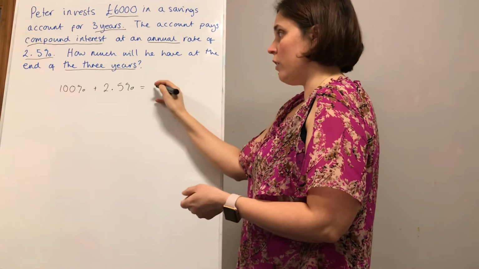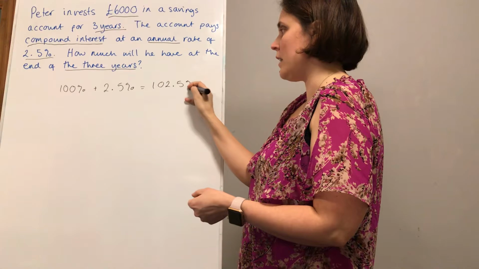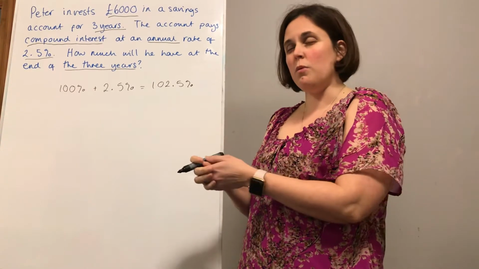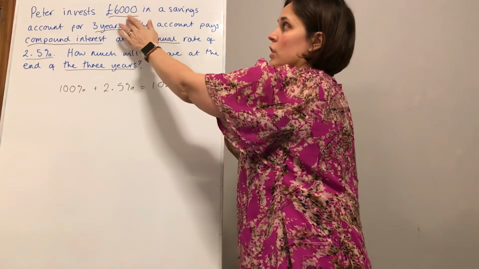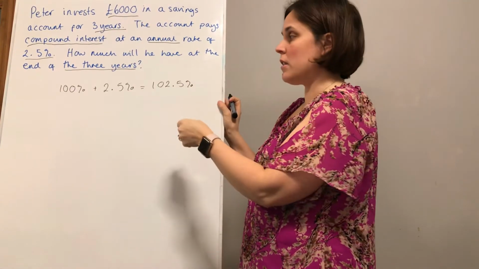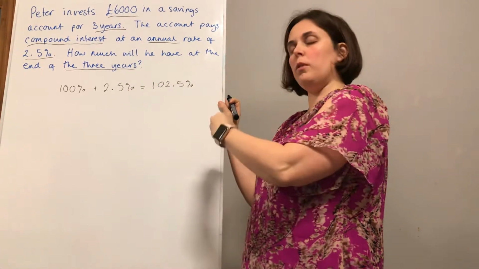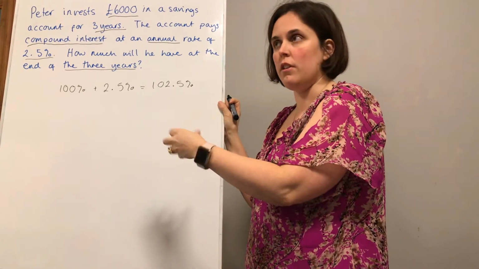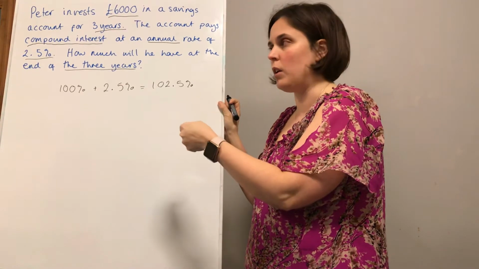That means that overall we have 102.5%. So what we can do is we can calculate 102.5% of our original amount, which is £6,000. And by doing so, that actually adds on the 2.5% rather than us having to find 2.5% and then add it on. It's a shortcut, it does it in one go.